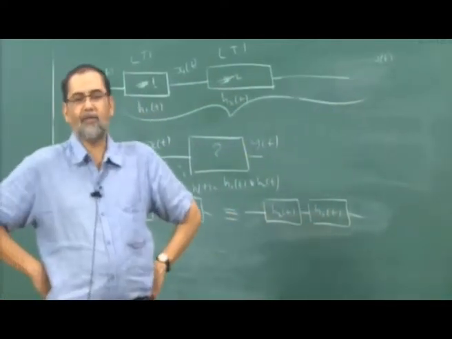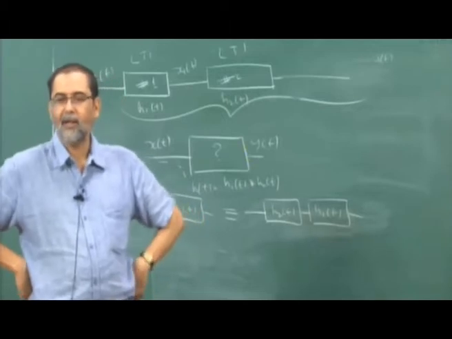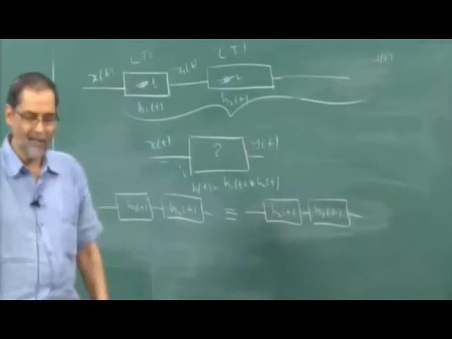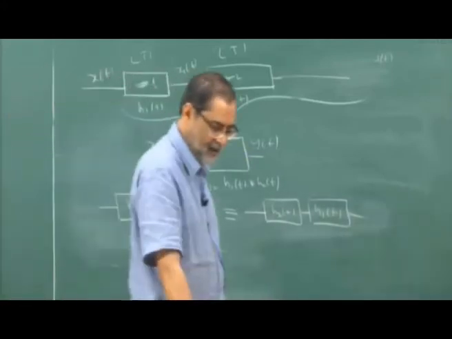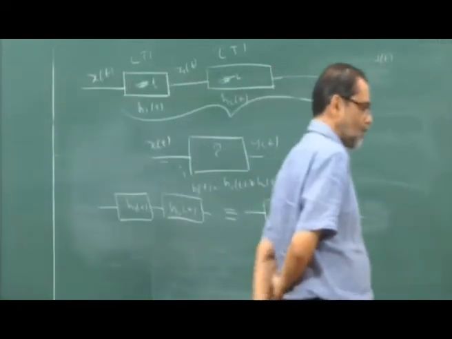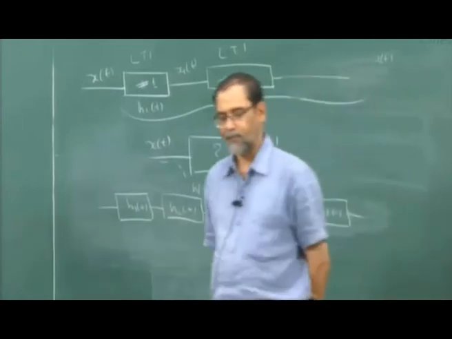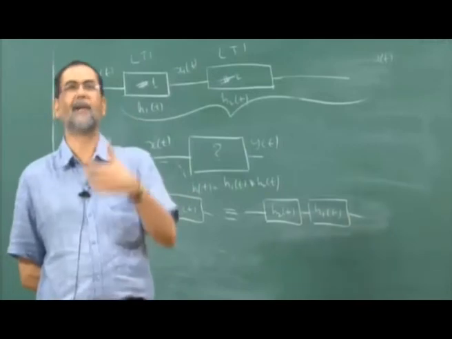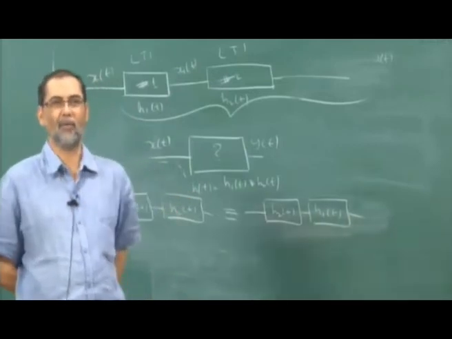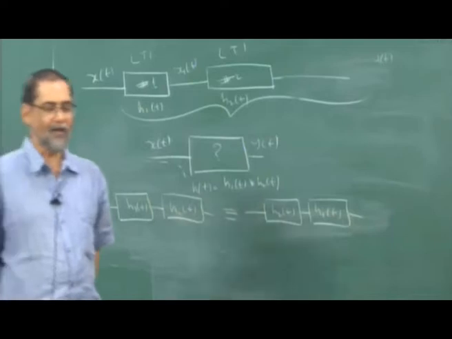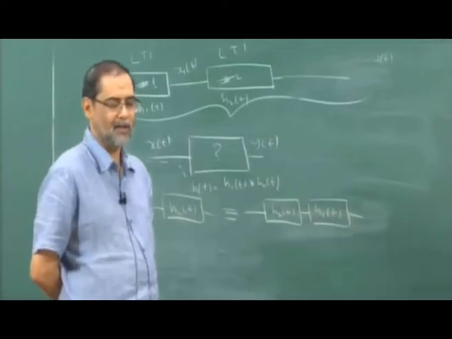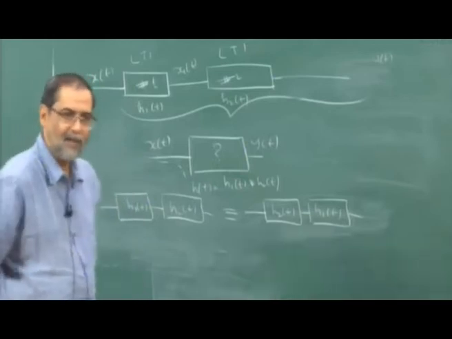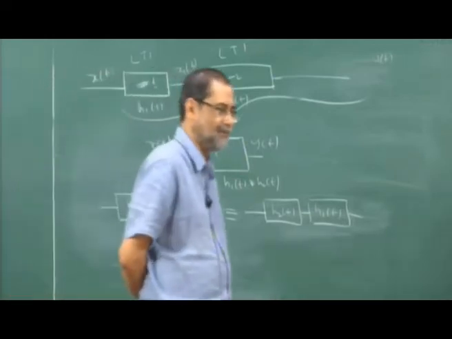If the function is e to the power of j omega t, you take its absolute value and see if it is absolutely integrable. So convince yourself whether, if h of t is a complex exponential, it is absolutely integrable or not. You can perform this simple operation and then get back to me in case you have any doubt. If it is absolutely integrable, then the system is stable. If it is not, the system is not stable.